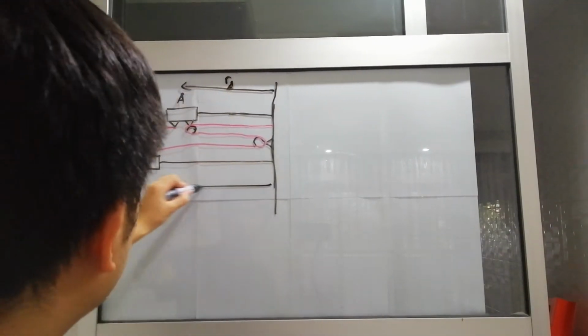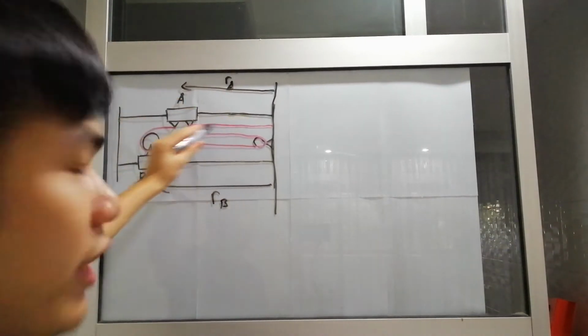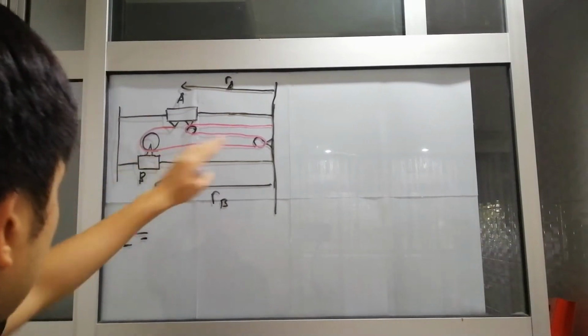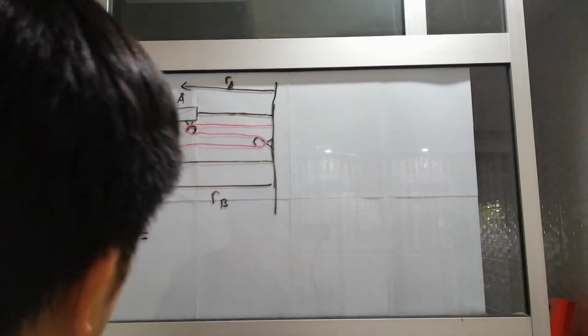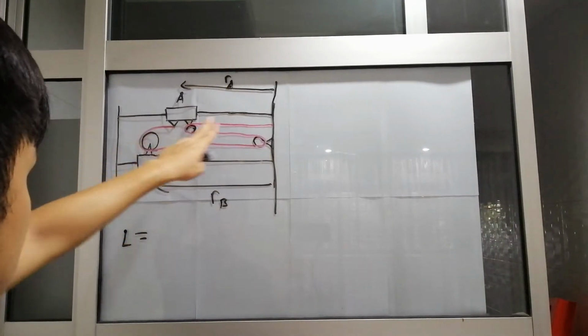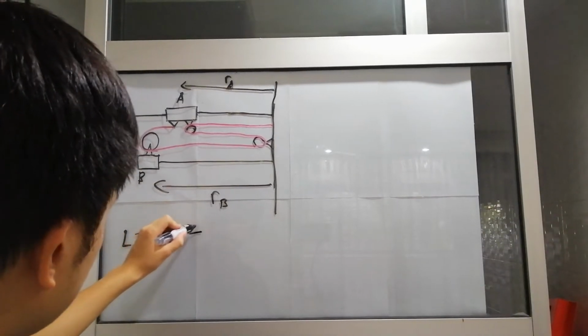The displacement of B from the datum is r_B. And this red line is the string length. So the length of the whole string equals, this is r_B, this is r_B, this is r_B, so it equals 2r_B plus r_A.